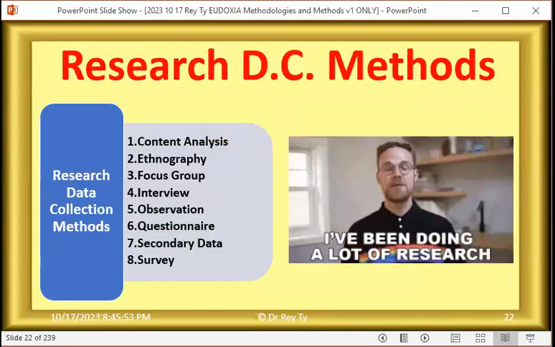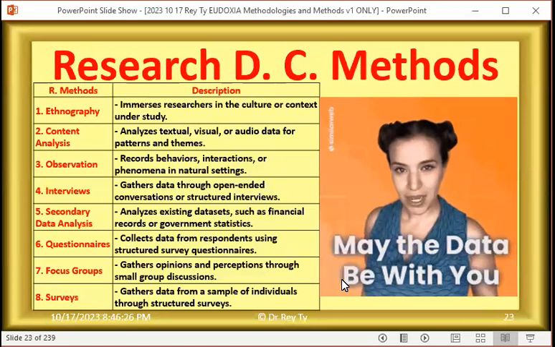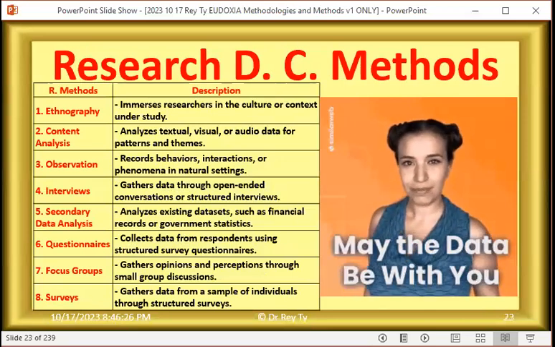It's sometimes called data gathering methods. So these are synonyms. You have content analysis, ethnography, focus group, interview, participant observation, questionnaire, secondary data, and survey research. So these are 8 of the major research methods.